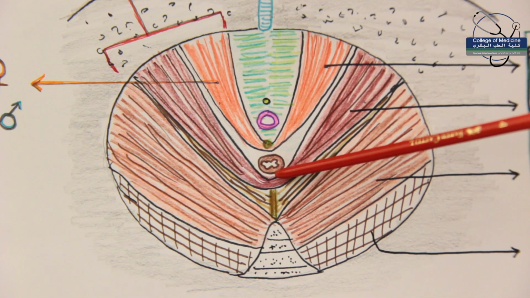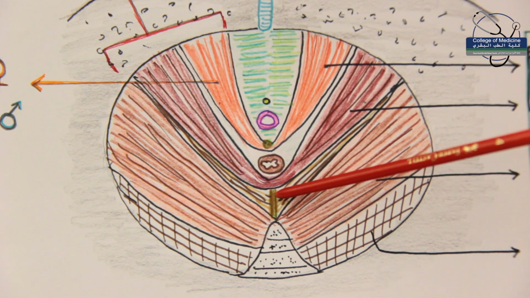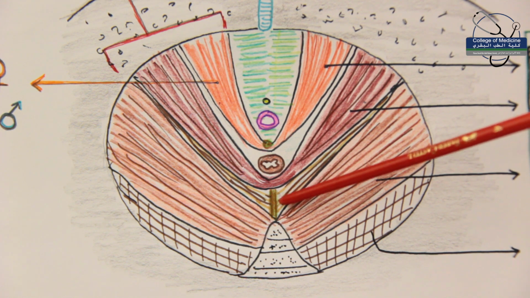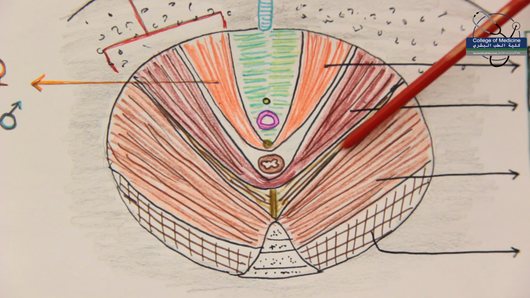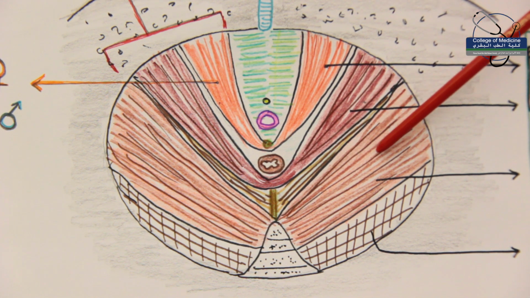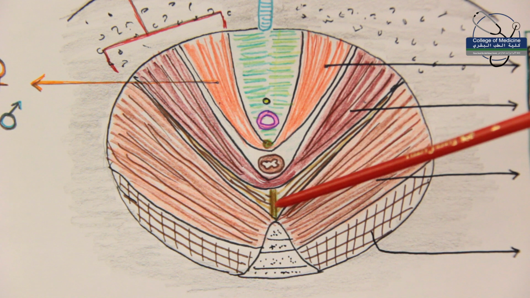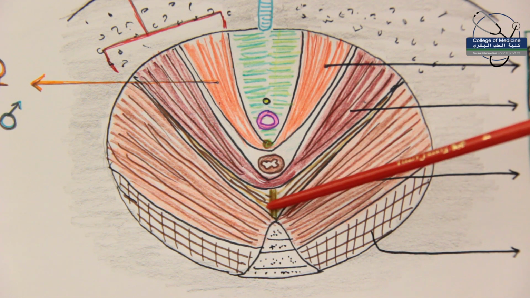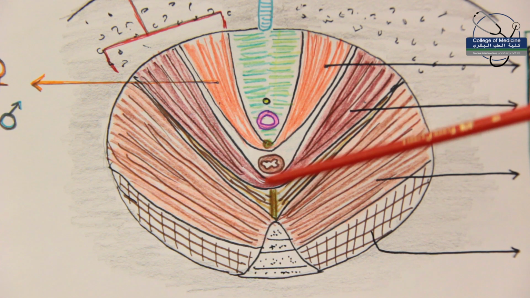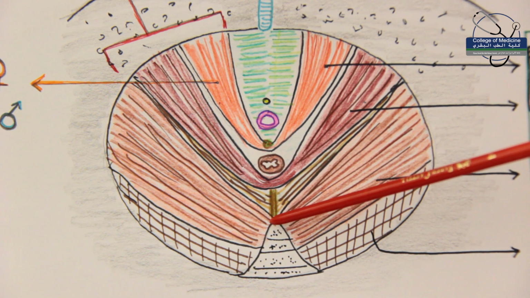And the anococcygeal raphe is again a fibrous body for the insertion of the muscles which are coming from the sides, the puborectalis and iliococcygeus. This anococcygeal raphe is between the anal canal, or the anal opening, and the tip of the coccyx.